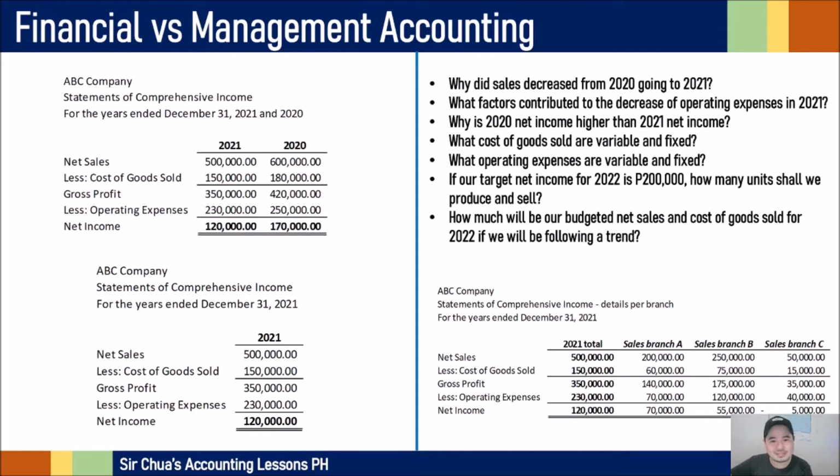Look at that, sales branch C. Ay, net loss siya. So the management will now be thinking, bakit kaya? What shall we do in order for us to improve the operations of branch C? So their decision comes from the information that's given to them by management accountants. So as future management accountants, you should be good at that. Okay? Nakakaintindihan tayo dyan, ayusin nyo.